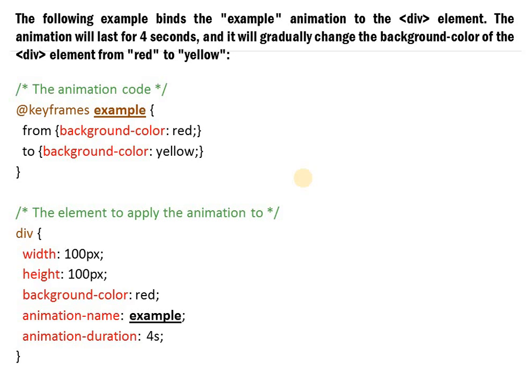Now this is my style tag, and whatever is written inside is this. The styling properties for my div tag are width, height, background color, and animation. Width is 100 pixels, and height and background color are set. Now here comes your animation.